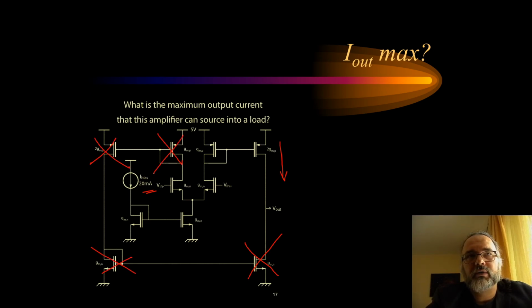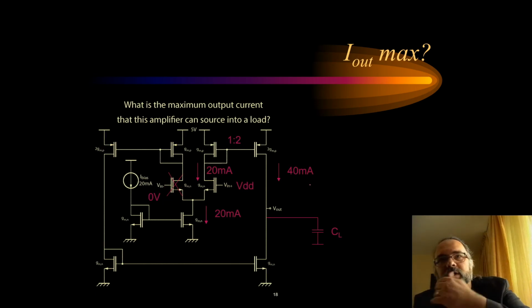This means that we have to put ground here. And then all the 20 milliamp will have to flow in this branch. So if I have 20 milliamp here and it is copied with a ratio 1 to 2 to the output, then I'll have 40 milliamp at the output as the maximum current that this architecture can source.